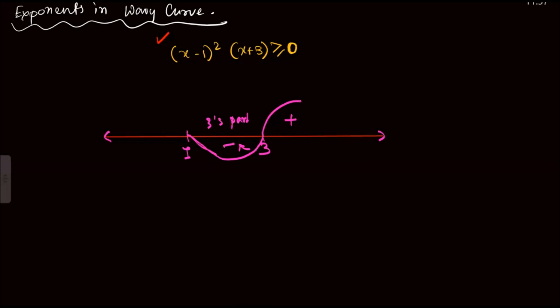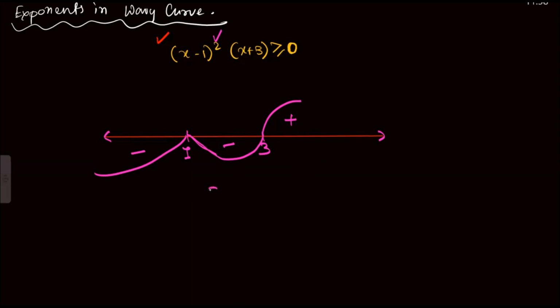Okay, so this is 3's part. Now 1. 1 has a square on it. How will it affect it? It will affect in a way that it won't go up, it will go down. It will only go down again.